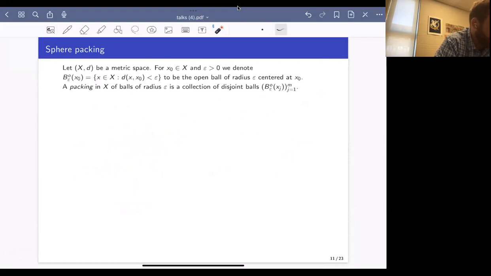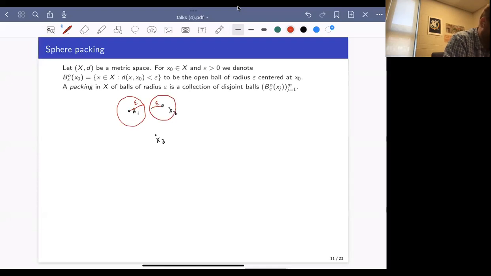Okay, so now I'm going to do an aside to sphere packing. So the idea is I take a collection of points in a metric space, and I say this is an epsilon sphere packing if I look at the balls of radius epsilon about these points, that they're all disjoint.